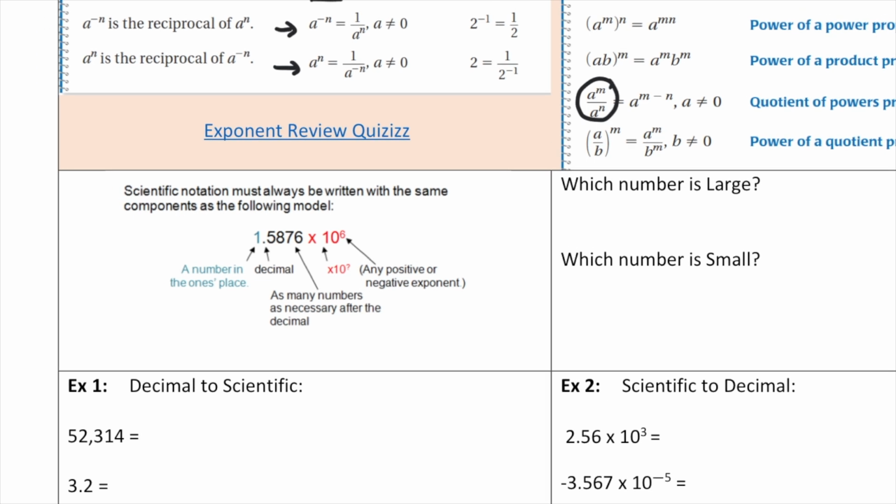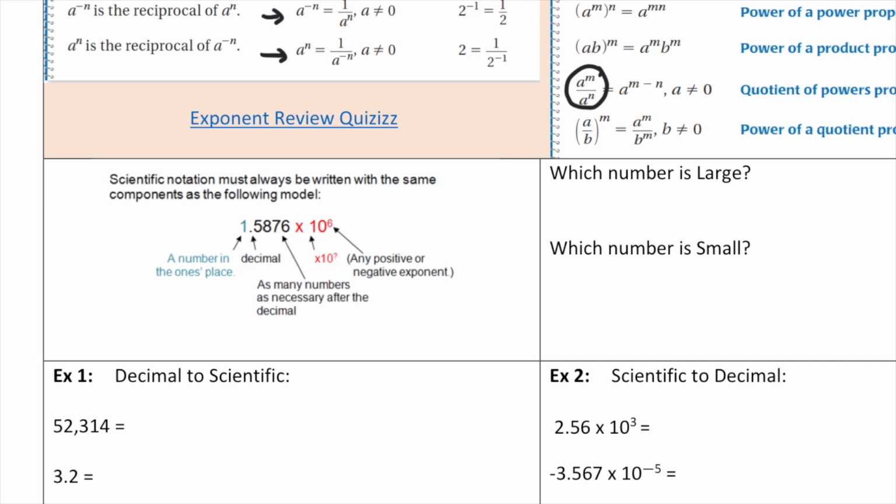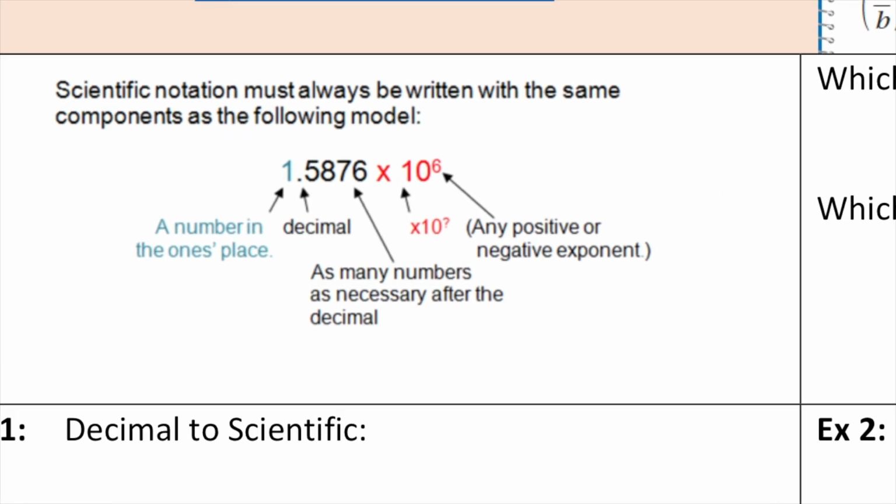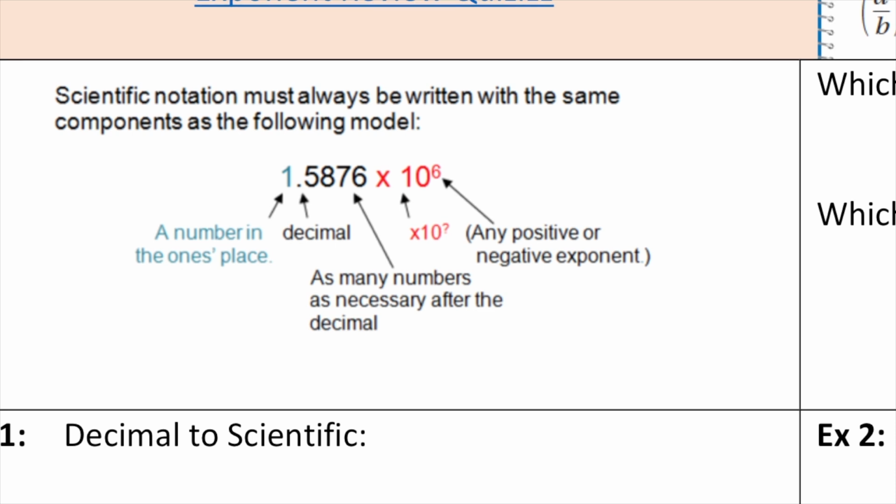Now, as we look at scientific notation, it always has to be written in the same form. You will have one number only in the ones place. A decimal must be written, and then you have as many numbers as necessary after the decimal. You can rewrite this times 10 to some power.